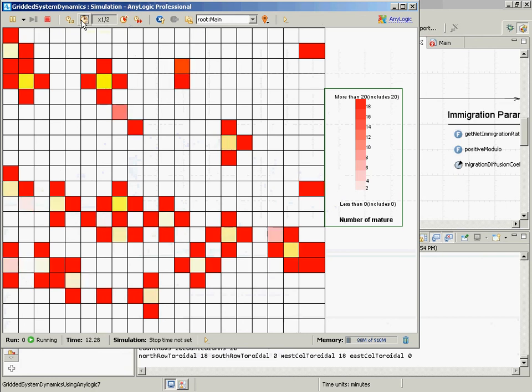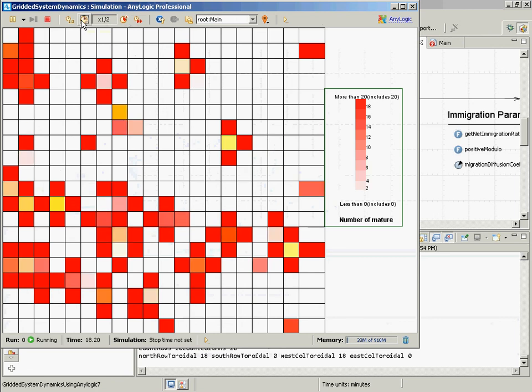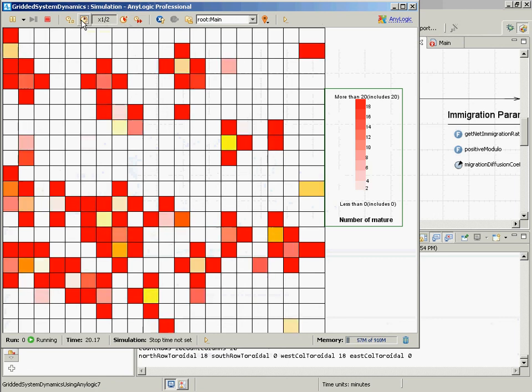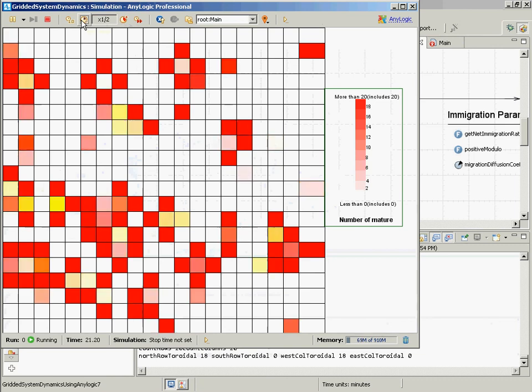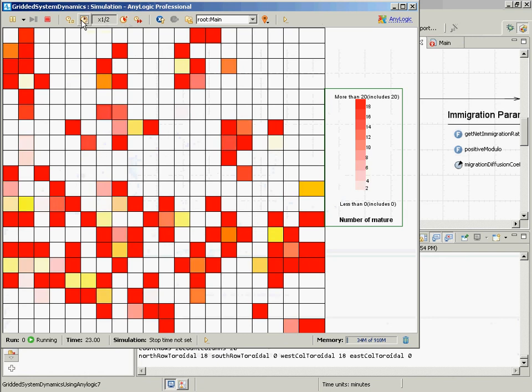A cell that normally is considered to have four neighbors, north, south, east, west, in a given corner has two. And so you may see strange artifacts that are not a reflection of the underlying system. They're a reflection of the fact that you happen to be displaying it in this artificially bounded way. And in order to avoid those sort of artifacts, what's sometimes done in agent-based modeling is you create a toroid.